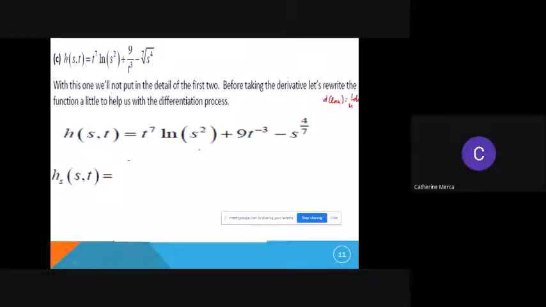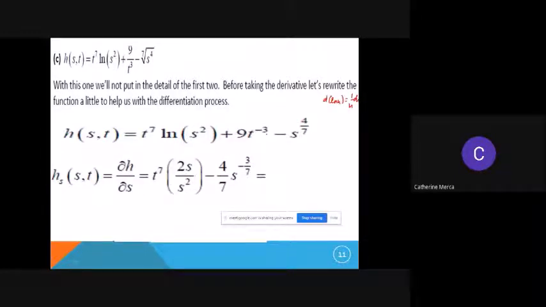But this is a product, but if you take a look, it's only with respect to s. So the partial derivative with respect to s will be equal to t to the 7, times 1 over u, so 1 over s squared, then you have du. But what is the derivative of s squared? So du is your 2s.